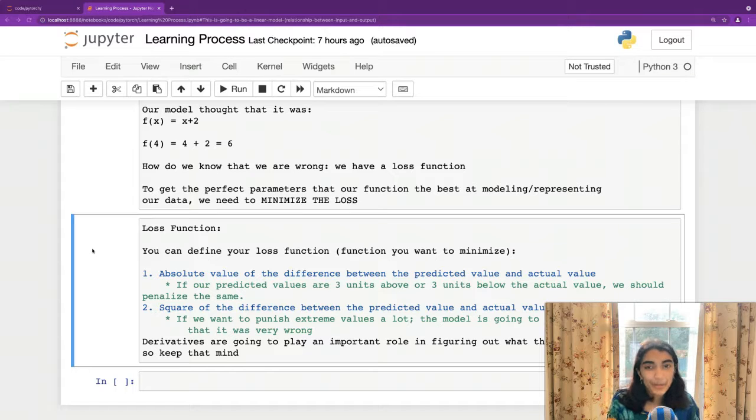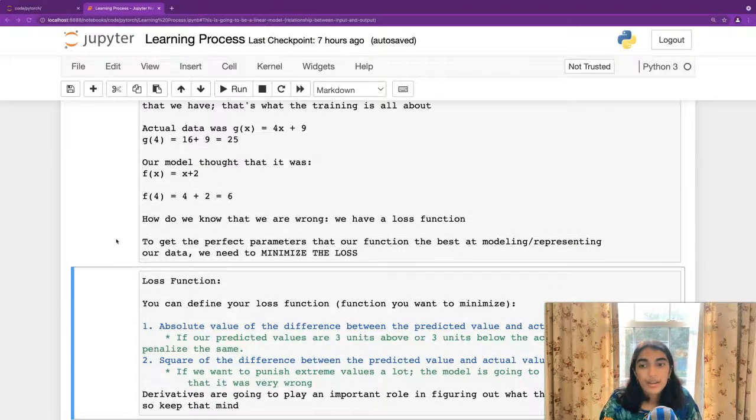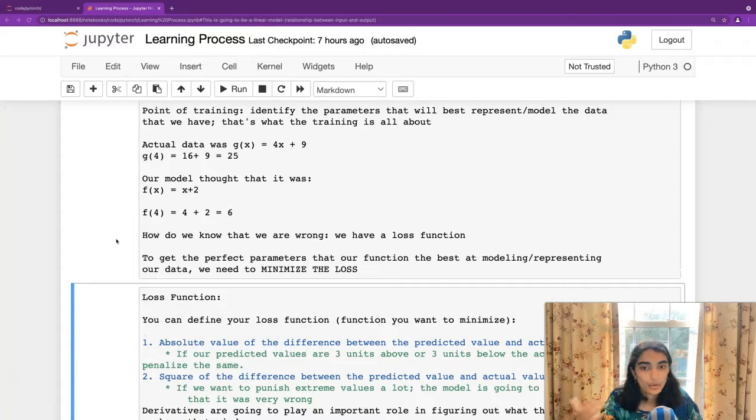And in this video we're going to be continuing our discussion on the learning process, and we're actually going to be going over the implementation of what we've talked about in our video on parameters and loss functions.